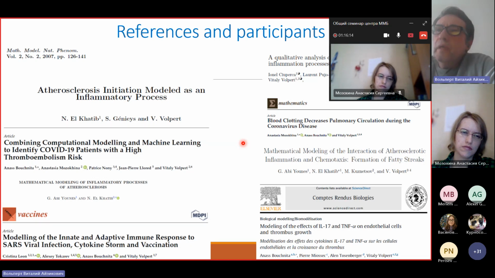Some of them I would like to acknowledge, the participation of our colleagues, collaborators from RUDN. It's Anastasia who is present here, and some graduate and undergraduate students. Also, we collaborate with a group from Lebanon, from Beirut, with Nader El Khatib, Gada, and Wissam, all of them either former graduate students or current graduate students.